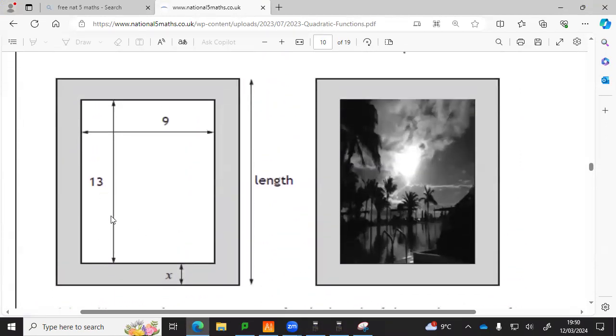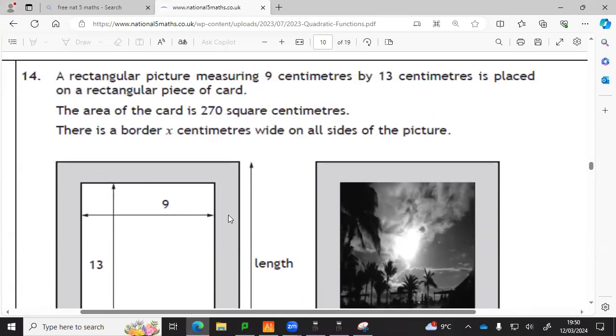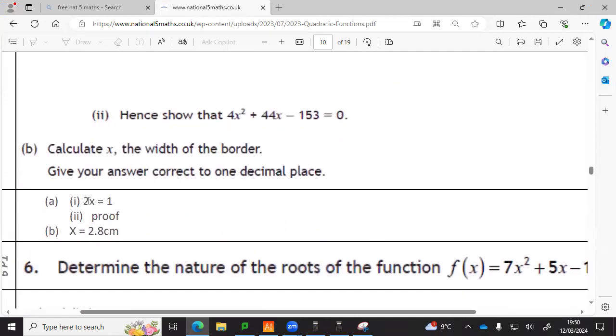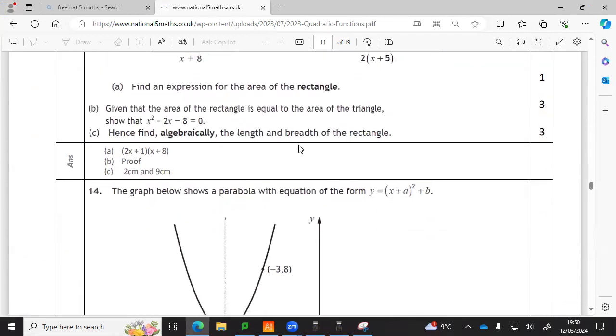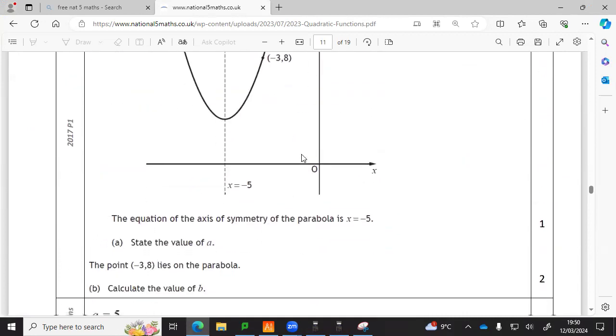So the length of the card is 13 plus 2 x's. There's no other way of it. That's just gibberish. If anyone's got a tutor, ask them in case I'm talking rubbish, but that's just gibberish. I'd never talk rubbish.